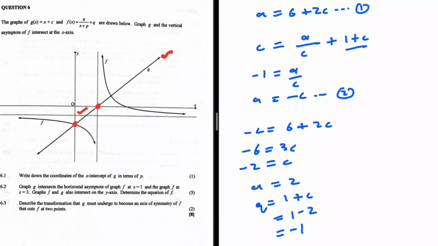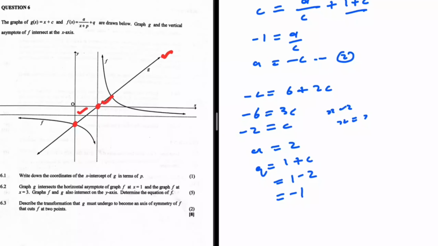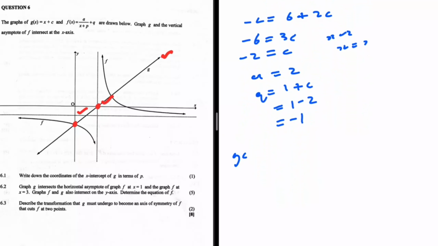And then p is equal to c, so we found p to be minus 2, of which we're going to have x minus 2, right? And then we get x equals 2, which makes sense to be there. So it seems like everything is good. F of x is equal to 2 divided by x minus 2, minus 1. We're supposed to find not g of x, but f. I'm sorry for that. We're looking for f, actually.